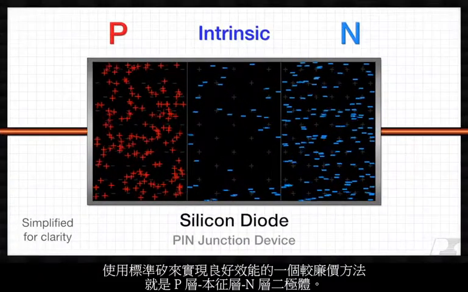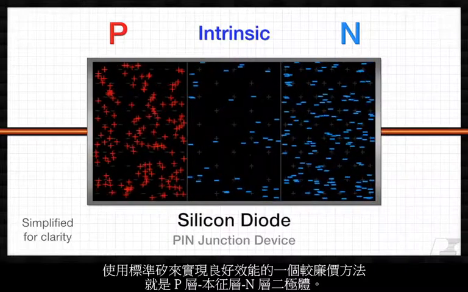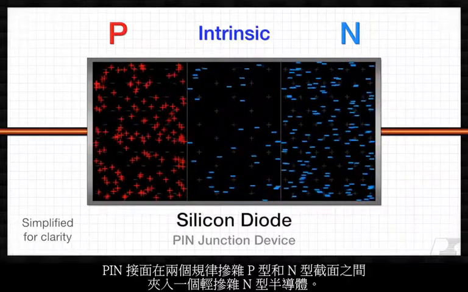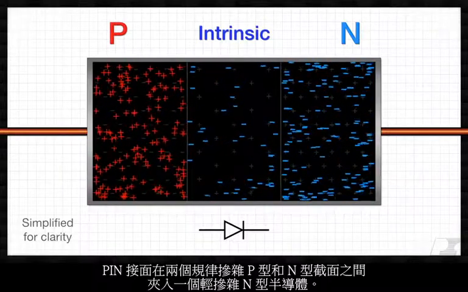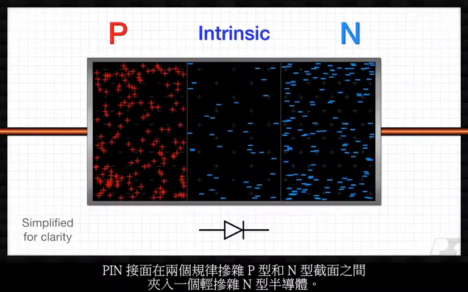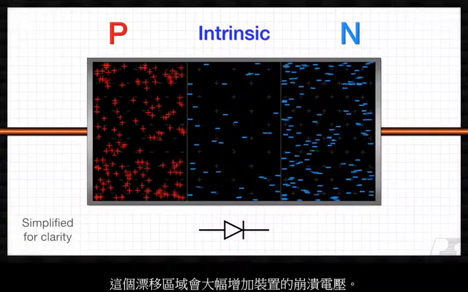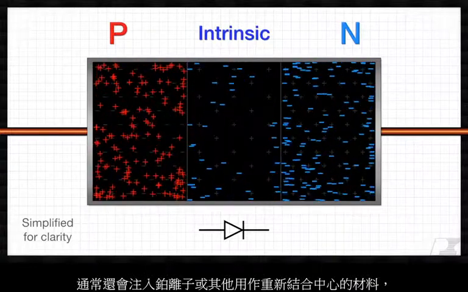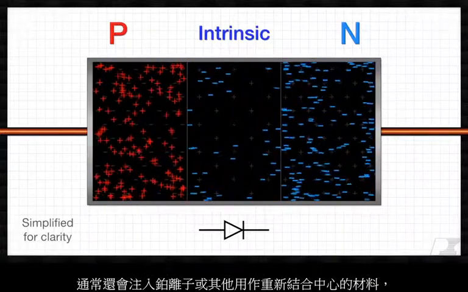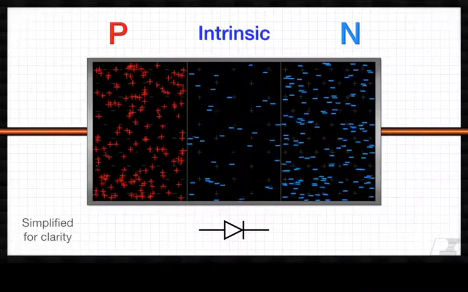A less expensive way to achieve good performance with standard silicon is the p-intrinsic N diode. The PIN junction uses a lightly doped N-type semiconductor sandwiched between two regularly doped P and N-type sections. This drift region significantly increases the breakdown voltage of the device. It's also typically injected with platinum ions or other materials that act as recombination centers to help reduce minority carrier lifetime.